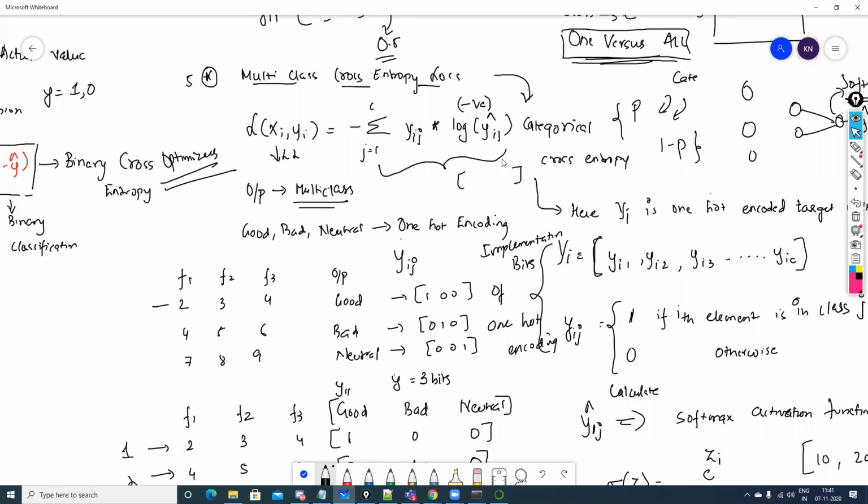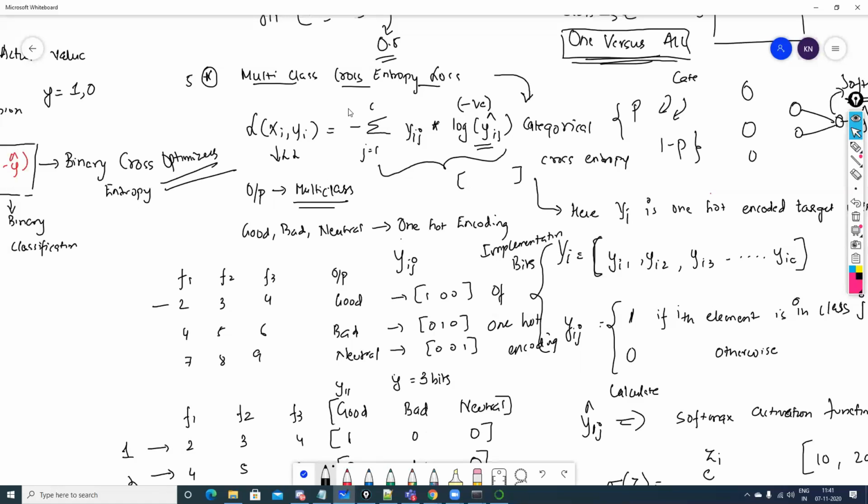Here yij into log yij hat. Then in the softmax we will get 4 or 5 multi-class y hats, and here we'll be multiplying with the corresponding yij. In that, only one corresponding class value will be one, and all the other classes will be zeros.